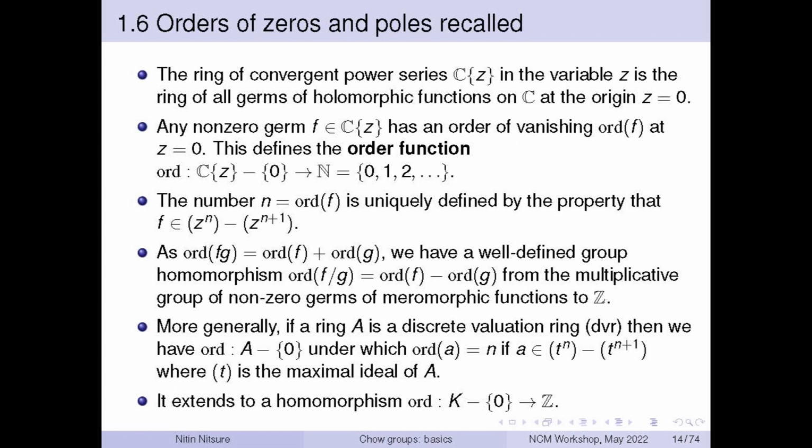But the answer can be negative now. Okay? You say that it has a pole. And if it is negative, the positive part, after removing the sign, is the order of the pole.